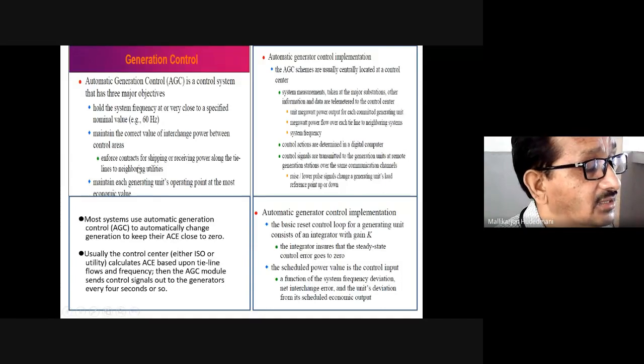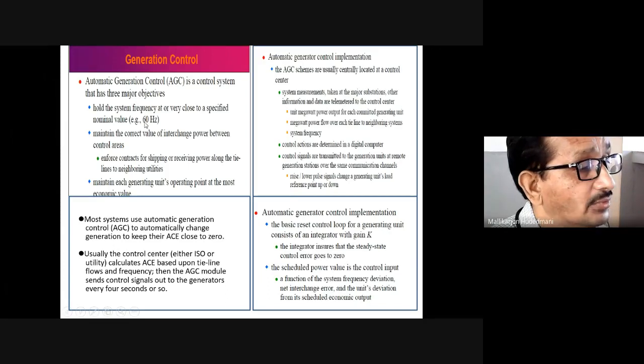This content is taken from the Wood and Wollenberg presentation. Hence, it was American content and 60 Hz was mentioned, and I would prefer you refer to it as 50 Hz. So the first objective is to keep the frequency at the specified value within the mentioned tolerances.